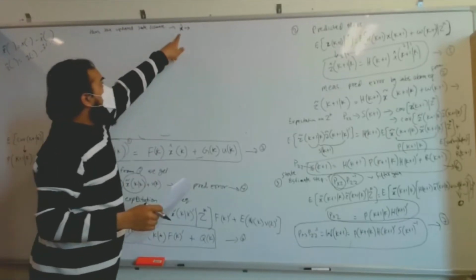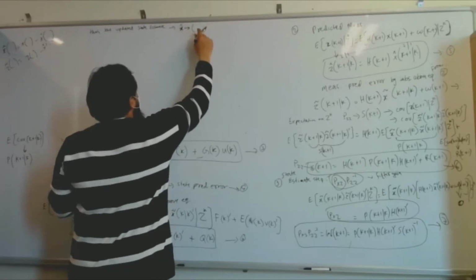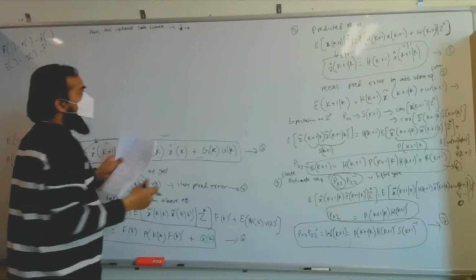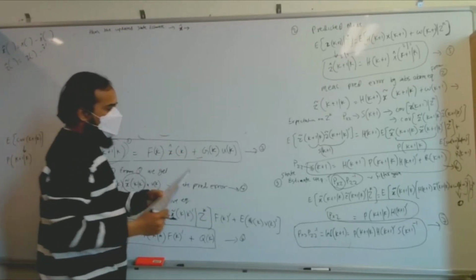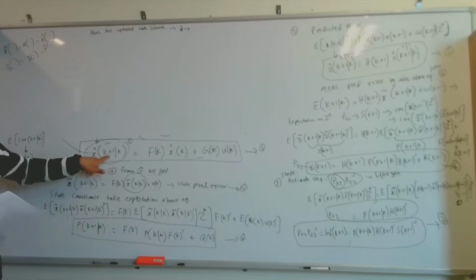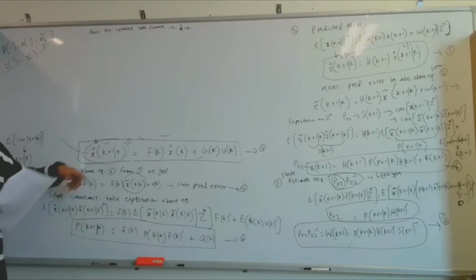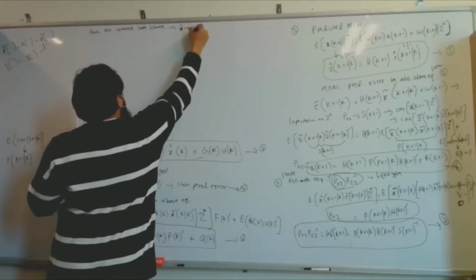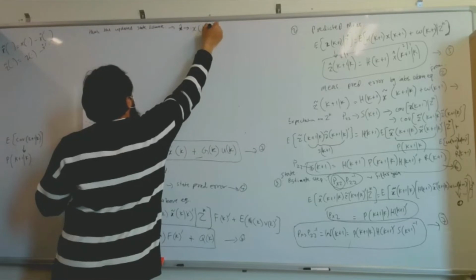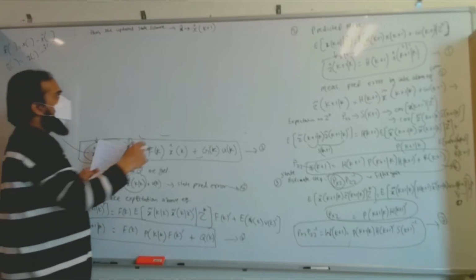So what are we estimating? We are estimating x of k plus 1. We already know x of k. After calculating the measurement prediction, we are estimating x of k plus 1. This value is called the filtered value.